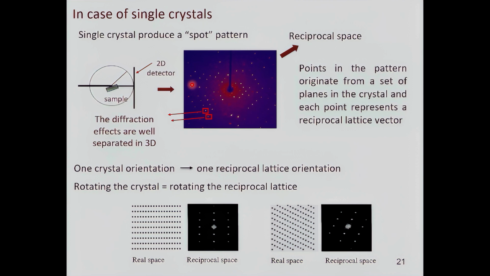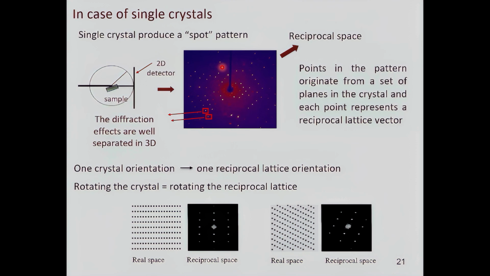In fact, we can call this a spot pattern. And in the case of a single crystal, we have one orientation of the crystal with respect to the incoming beam. This is important to keep in mind, because we will see the difference with respect to powder. We have, in the case of a single crystal, only one direction of scattering, which gives us this point.